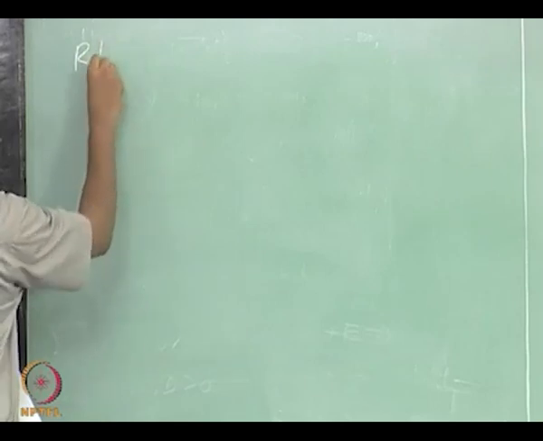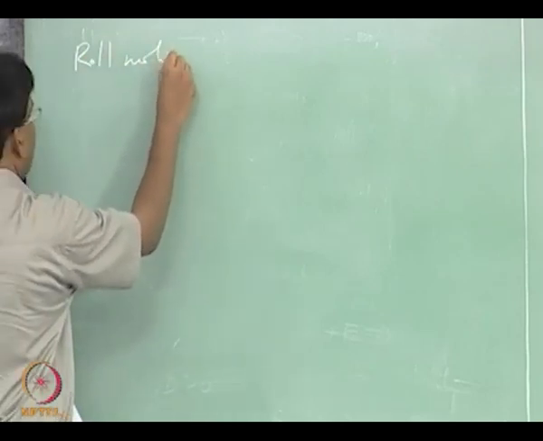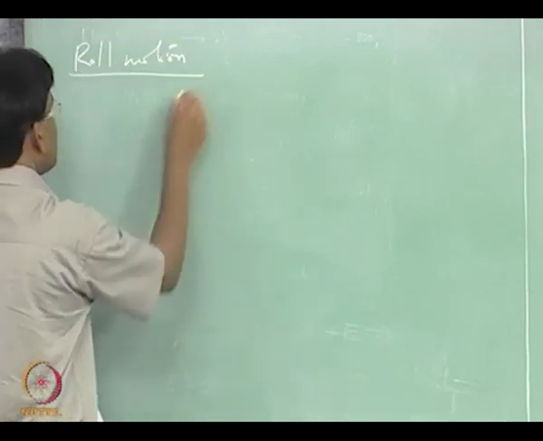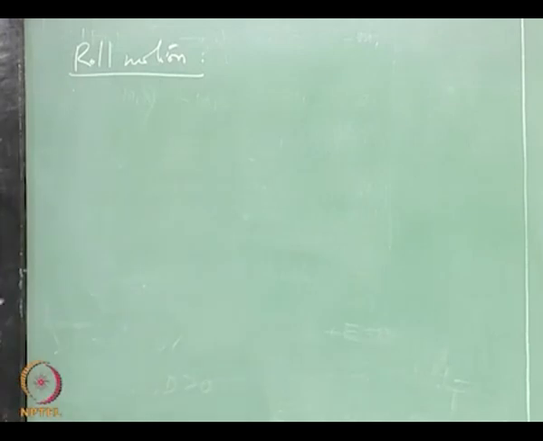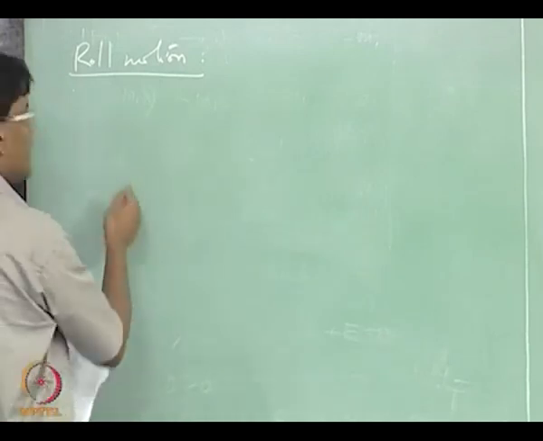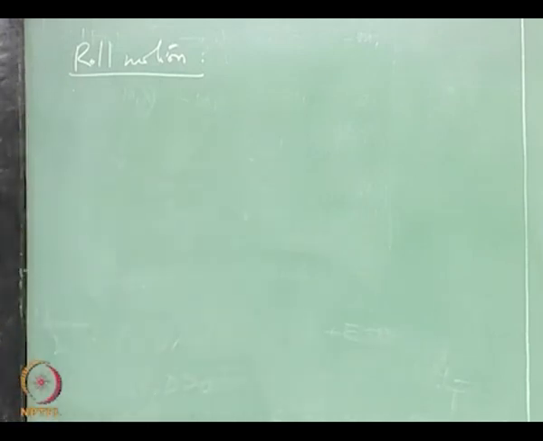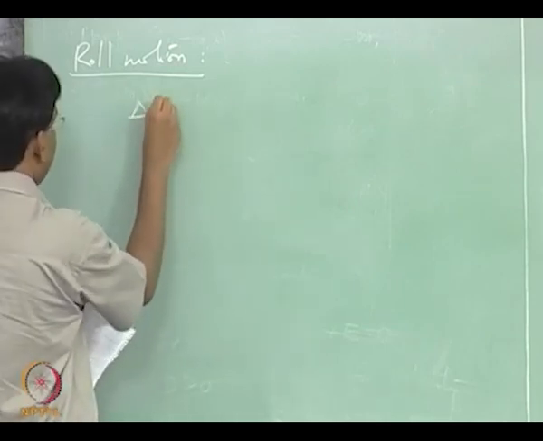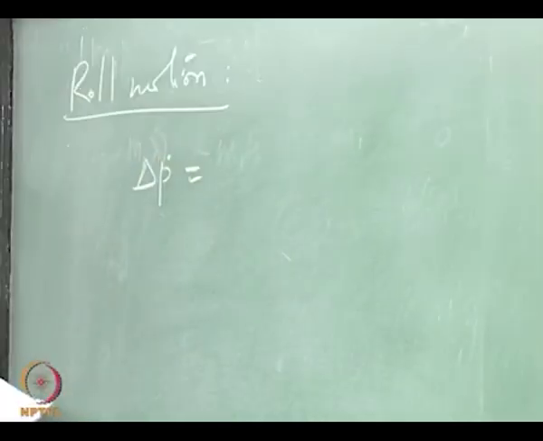So if you look at the roll motion of aircraft, the equation for the pure rolling motion is given by delta p dot. No, this is a linearized equation, okay.